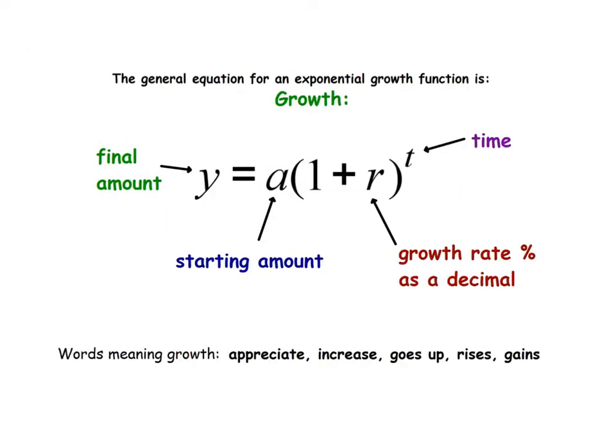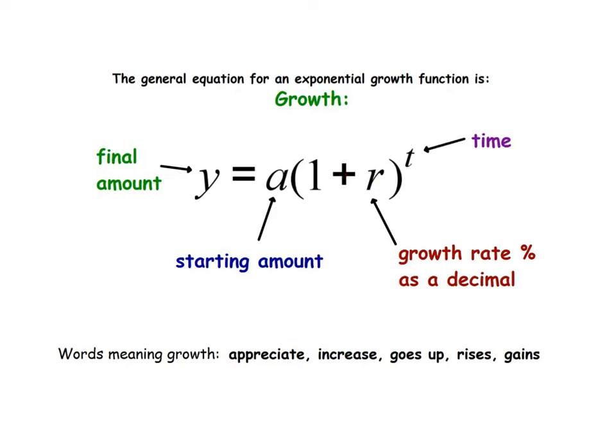All right, here's your general equation for exponential growth. The y here stands for the final amount. You can think of maybe bacteria that are growing. A is your starting amount. And then in parentheses, we have 1 plus r, because it's increasing.